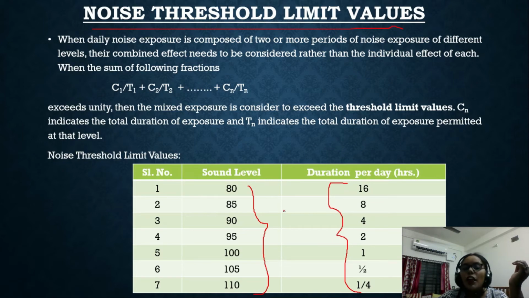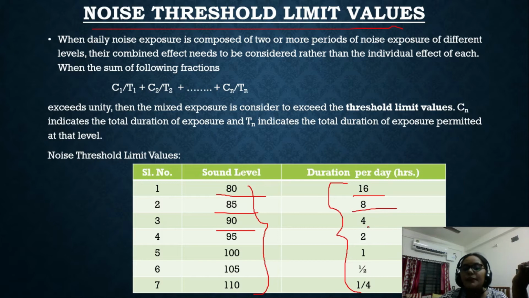Understand? So here you can see, for 80 decibel sound we can hear for 16 hours per day. This is the permitted level. For 85 decibel, the duration is 8 hours.